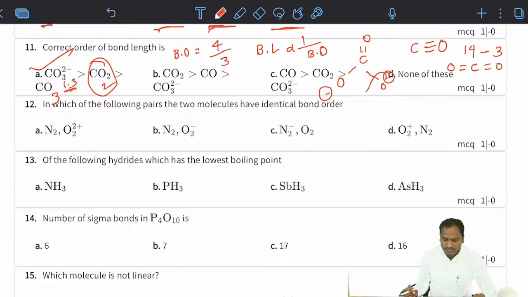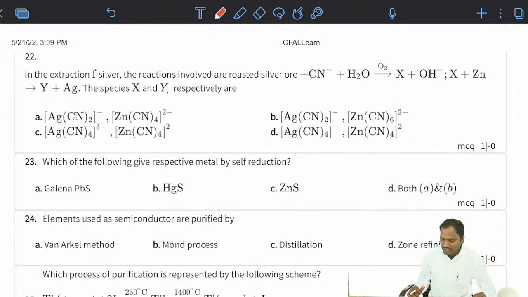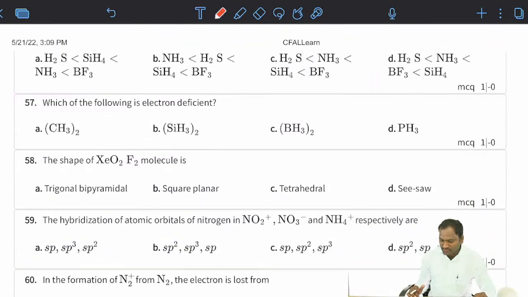Next, in which of the following pairs do the two molecules have the identical bond order? To find out bond order, students, I will tell you one simple technique.